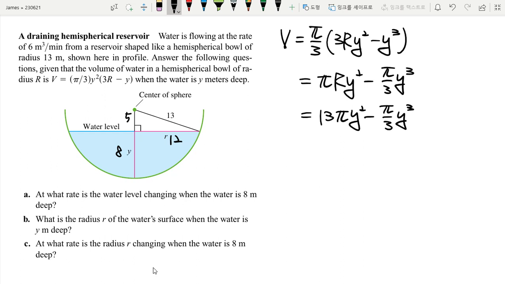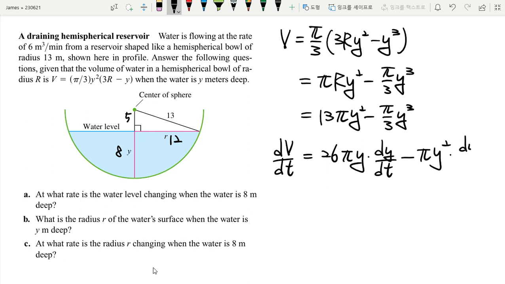In problem A, we want to find dy over dt. So let's differentiate this equation. dV over dt is, so I think we can use some factoring here.